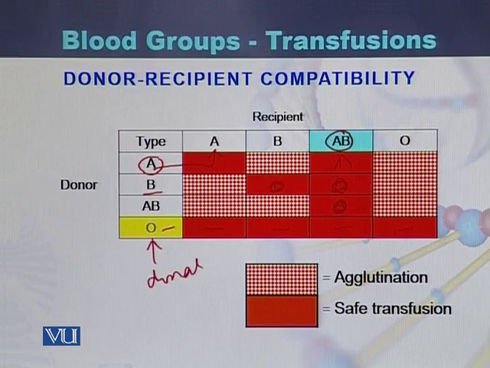It can be donated to any individual who has blood group A, blood group B, blood group AB or blood group O. While blood group AB is the universal recipient or universal acceptor, that can receive blood from any group, AB or other than AB.